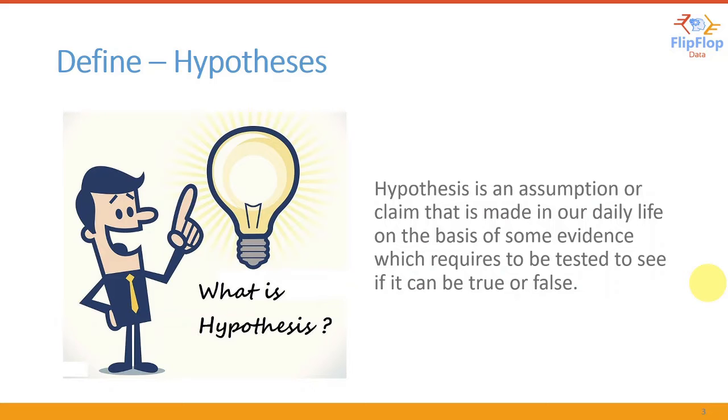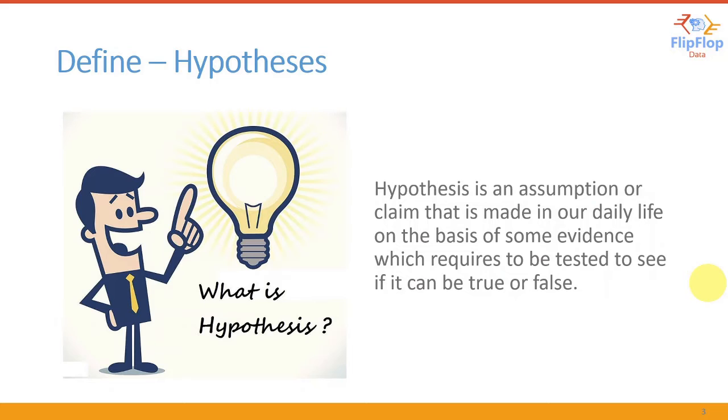We can break this statement into 3 parts. First, it is an assumption made based on some proof, thought or evidence. Second, it requires to be tested in order to establish with confidence if the assumption is true or false. And third, it evaluates the strength of evidence from the samples considered.